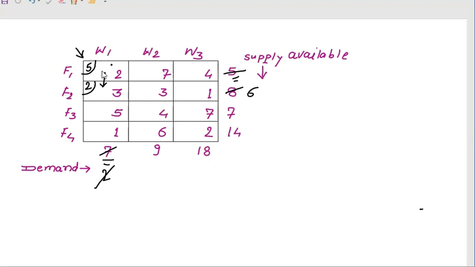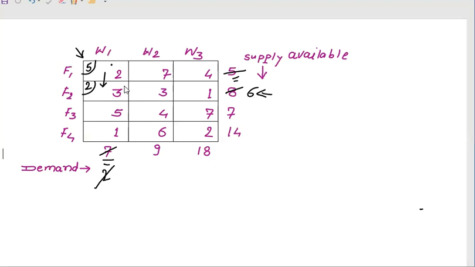Now the requirement at W1 is satisfied and there is some quantity left at the factory F2. So when the supply is available at the factory, we move to the right hand cell. Now 6 units are available at F2.